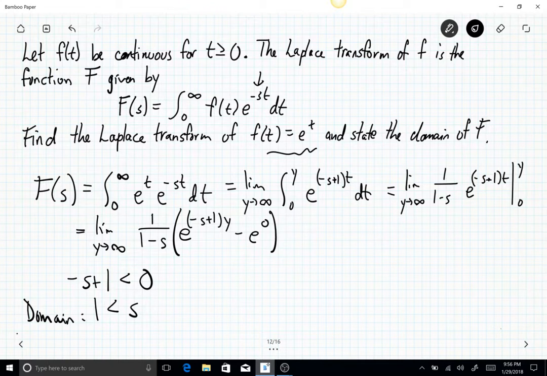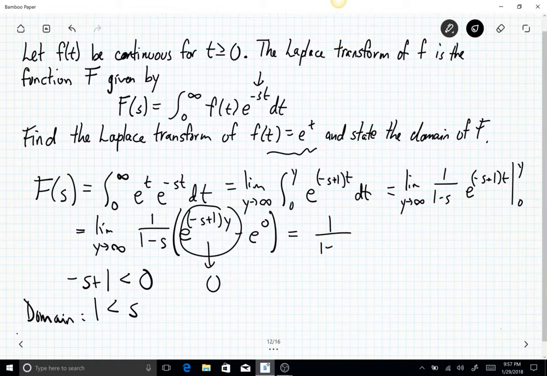Okay, so there's our domain for our function in terms of s. And so now what happens? Well, moving forward from there, you can now take that limit, and if s is greater than 1, this would go to 0 because it puts it in the denominator. And so we're left with 1 over 1 minus s, times negative 1, because that's where you have the e to the 0 business, right?